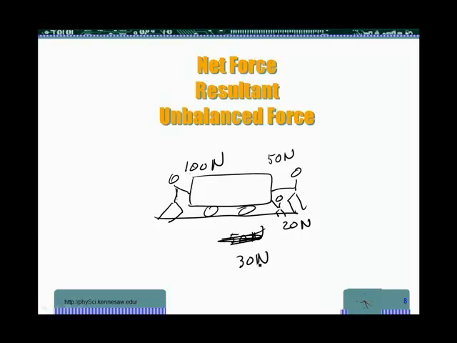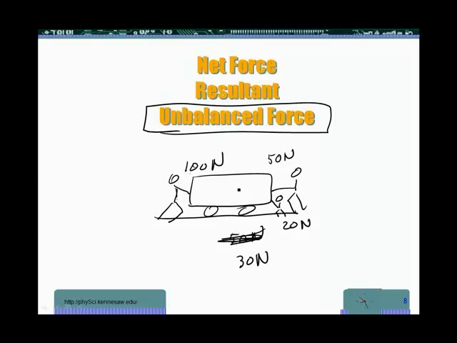So 30 newtons left. And so on. So the unbalanced force is actually a way to add up the different forces that are acting on an object and find out the portion of the force that's not going to cancel out. That's what we call the unbalanced force.